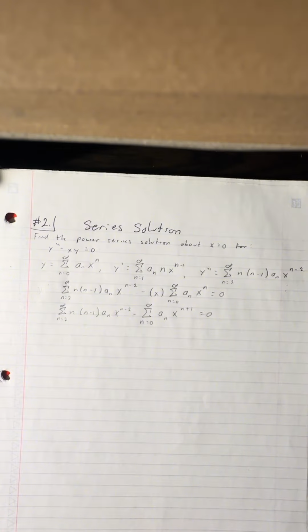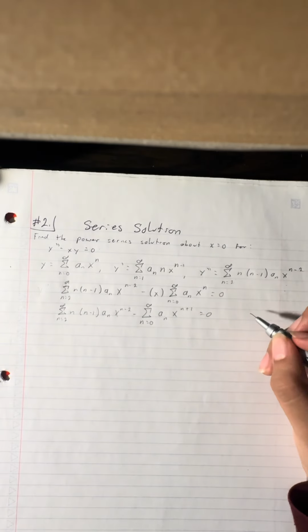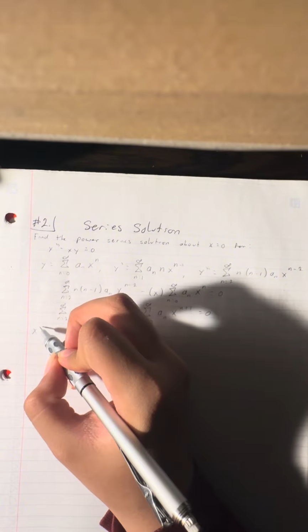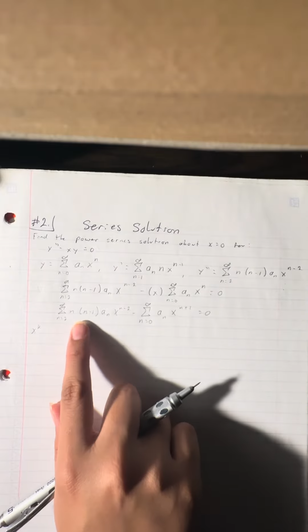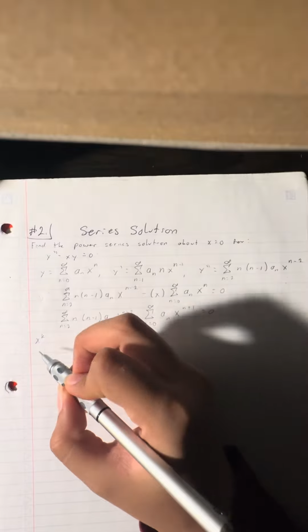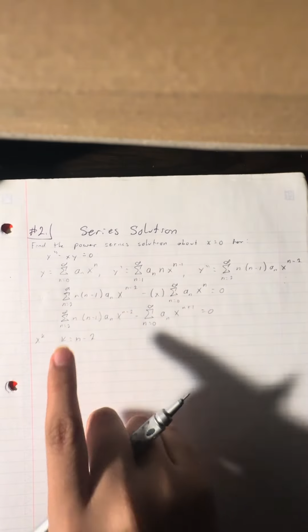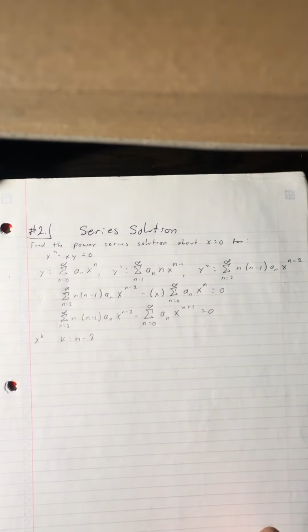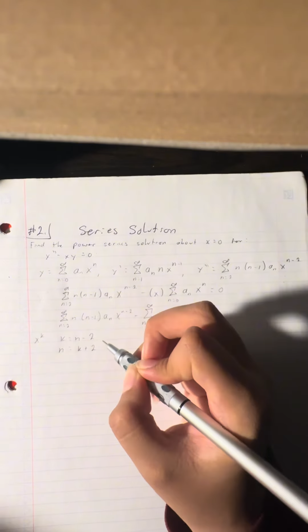So I'm going to use, for the power of x, x to the k. For the first one, for double y prime, k equals n minus 2, because we have a 2 right there. And if we solve for n, then n is going to be k plus 2.